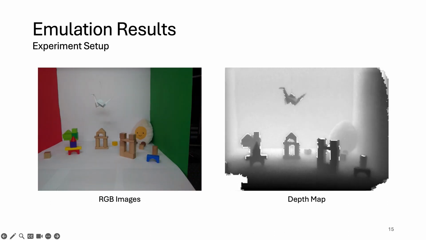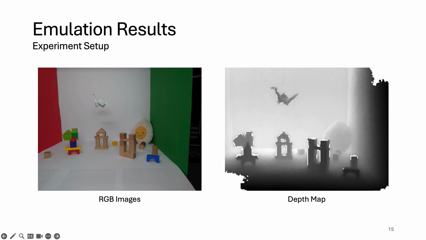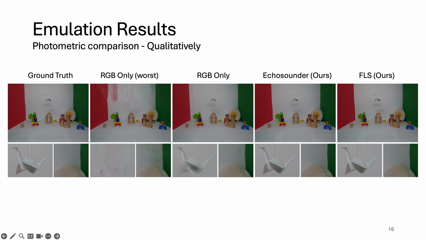For emulation, we made a Cornell box and captured the RGB images along with their corresponding depth images. The novel view images rendered by our algorithm are sharper and clearer, especially where there is low contrast. Besides, with multiple runs using different random seeds, our method stays consistent, while RGB-only can get much worse in some cases.